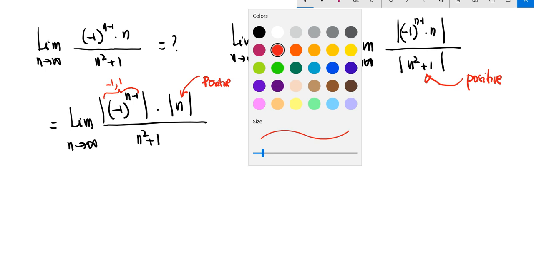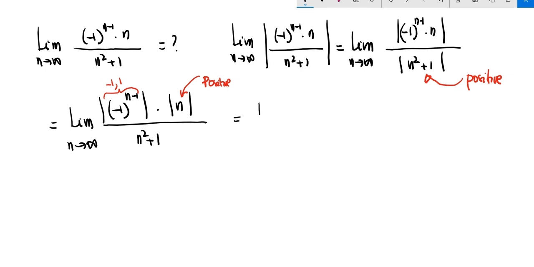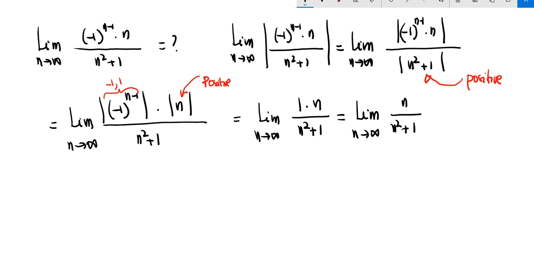So in the end, we obtain the limit as n is approaching infinity of 1 times n over n squared plus 1, which is the limit of n over n squared plus 1 as n is approaching infinity. And we'll play the same game we played earlier. I will factor n squared out of the numerator, so we get 1 over n.